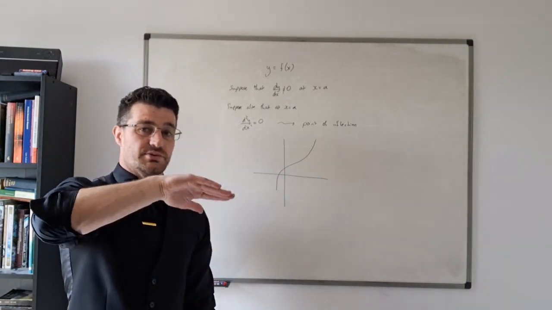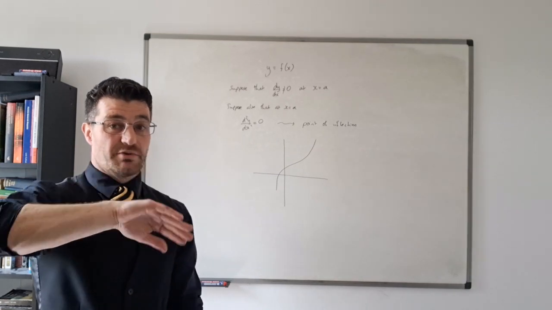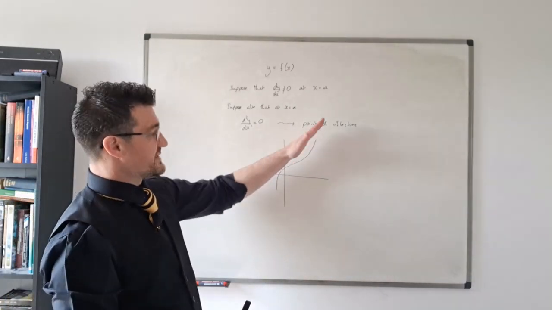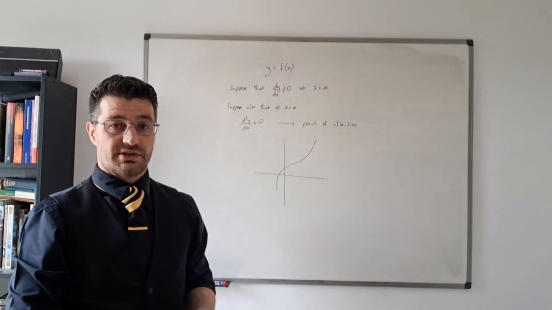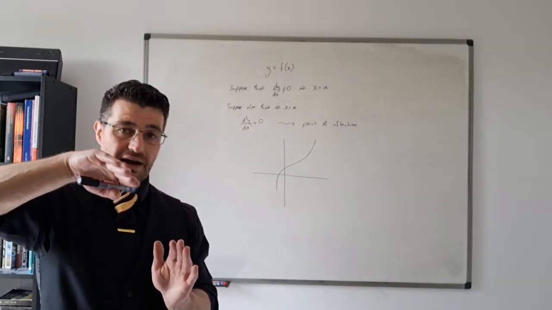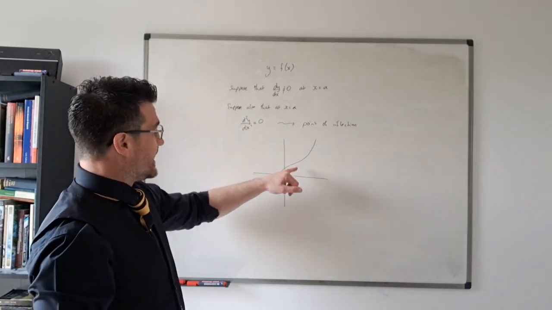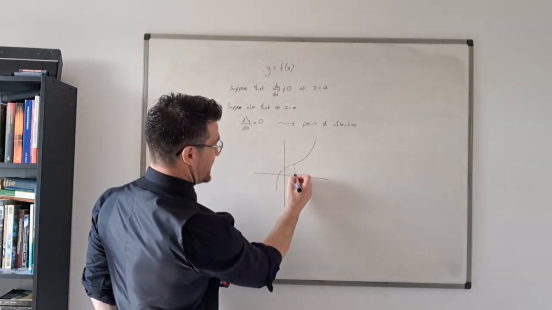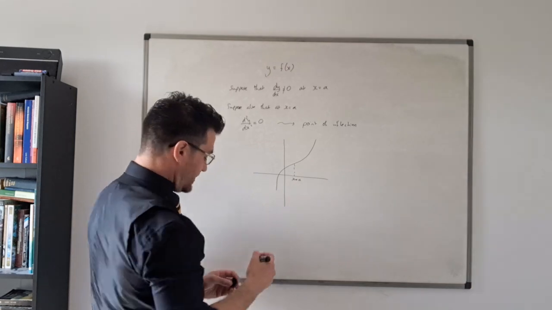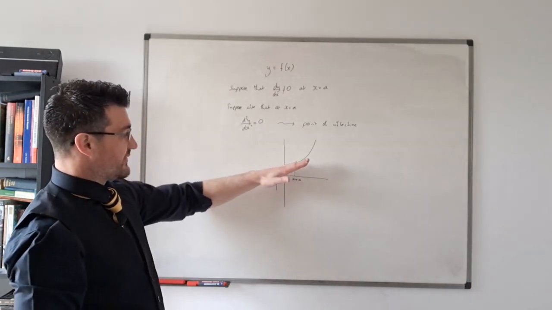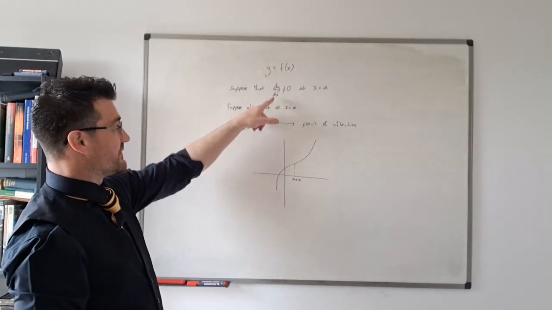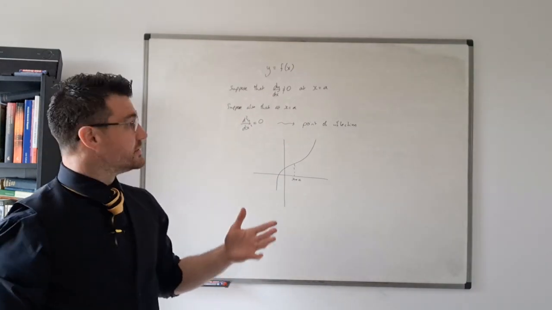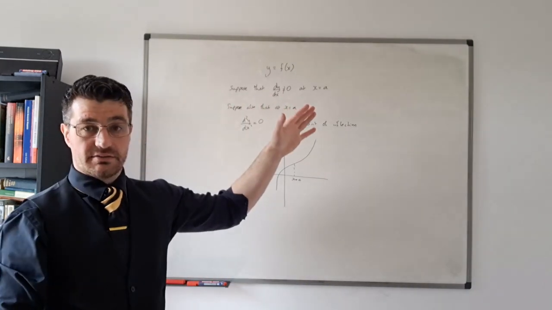It decreases to a minimum positive value, and then it starts to increase again. So you can get points of inflection that are not parallel to the x-axis, and that's what you've got in this case. In fact, the gradient, if this is x equals a, then the minimum value that you obtain is going to be the value of dy by dx at x equals a.